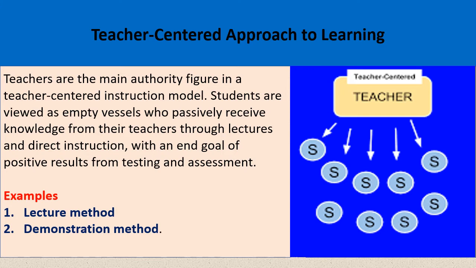So students are seen as empty barrels, as those without senses, or those that do not have anything to contribute. That is the position students are in a teacher-centered approach to learning.